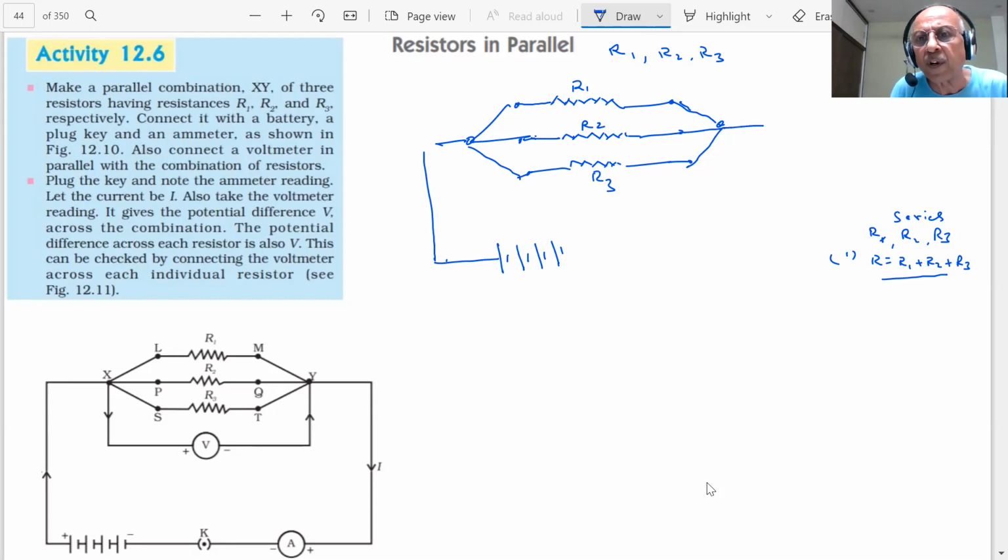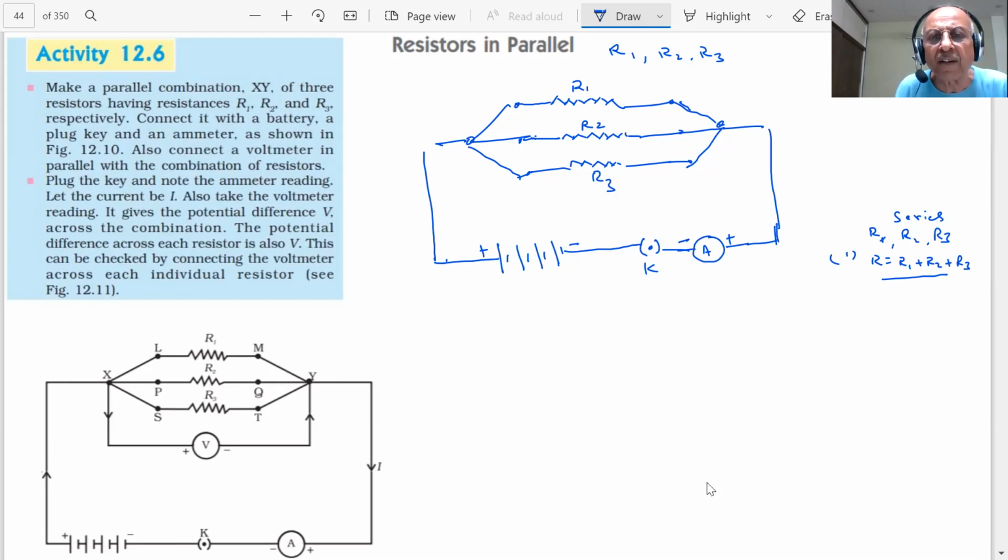I connect this, you will connect this. We will have a key in the circuit, and the ammeter is always connected in series. This is negative, this is positive. This is the circuit.